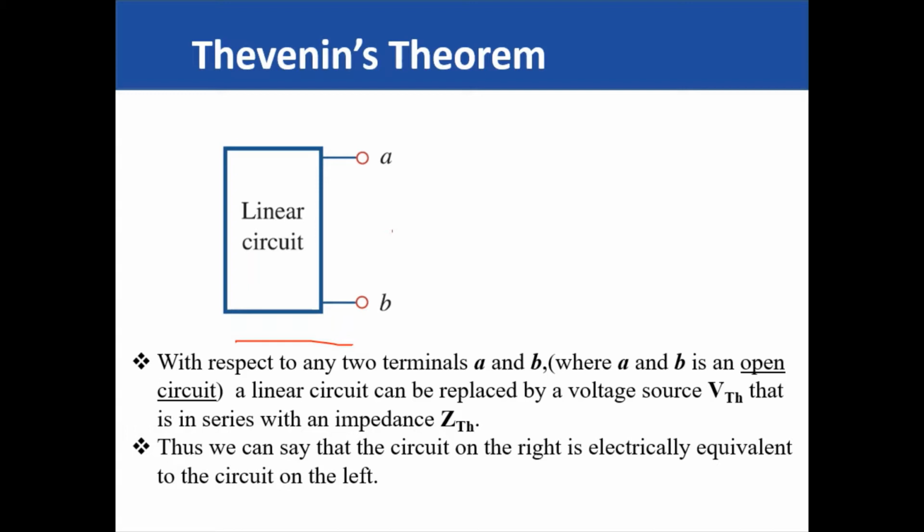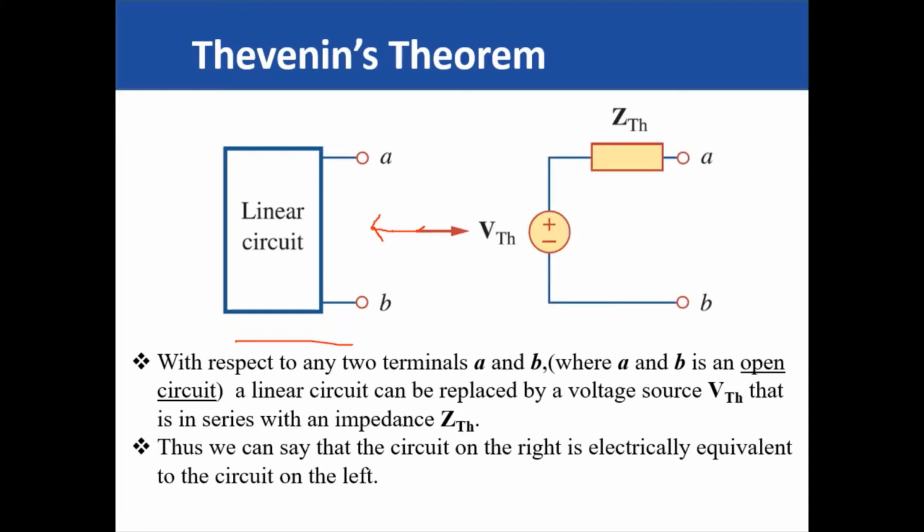Now, if we look inside the linear circuit from the open terminals A and B, what we actually see is a simple circuit that looks like this, which is a voltage source that is in series with an impedance.